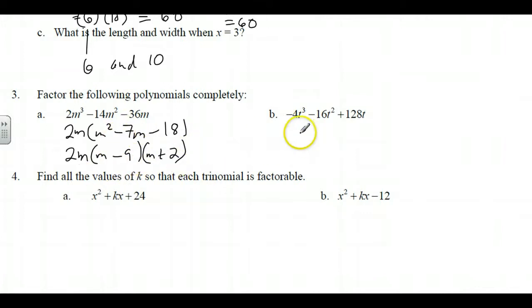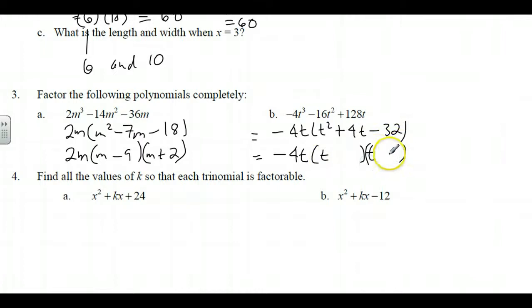You can verify this. Let's take out a negative 4t, giving me t squared. Signs are going to change. Plus 4t, and this will be minus 32. Okay, so we get negative 4t. We know we lead with t's. Whoops, need a set of brackets.